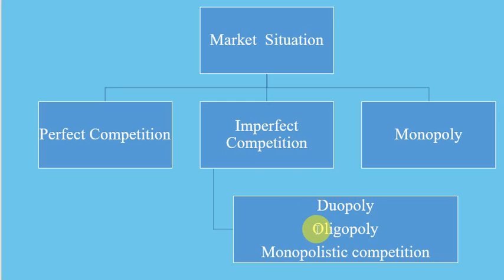Apart from that, prices and trade volumes are influenced by different types of market, and price and output determination also differs under different market conditions. That is how the market situations are. So let us see one by one the markets, that is perfect competition, followed by the other market situations.